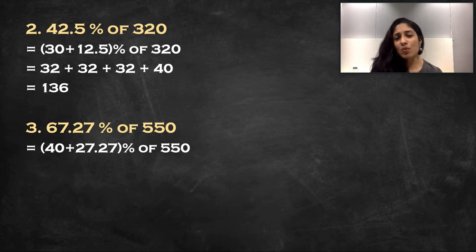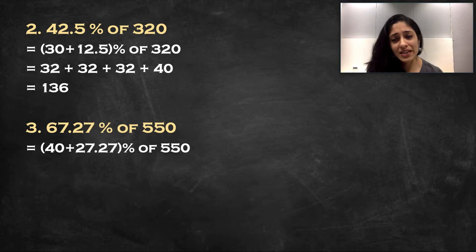Now, you must be wondering why 27.27, or how does this strike me? If I have learned that list well, I will know that 1 by 11 is 9.09, which means 2 by 11 will be 18.18, and 3 by 11 will be 27.27. So I may also have to use such derived fractions for my calculations.